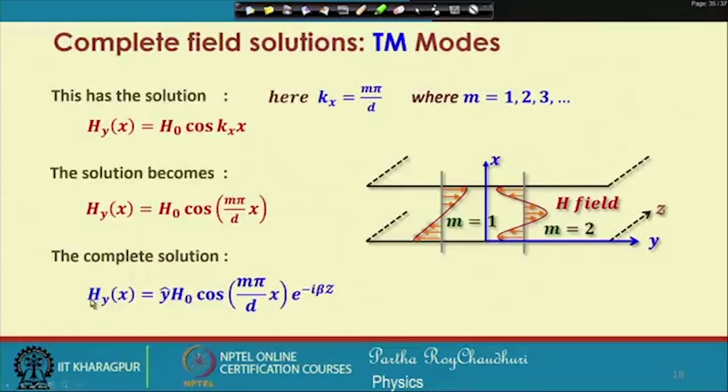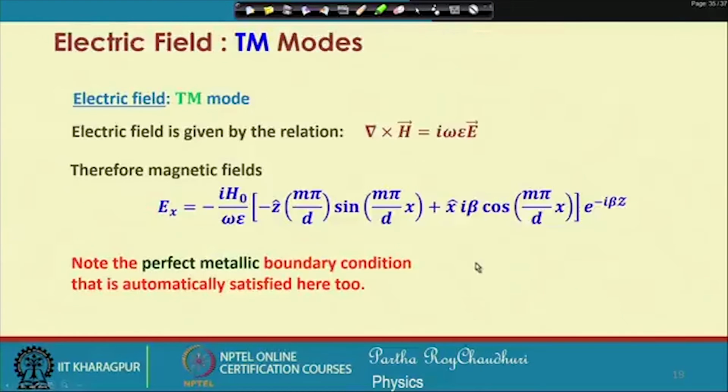The complete solution for this then can be written in terms of this cosine function, and you can see that at x equal to 0 the field is maximum, at x equal to d the field is also maximum, and that is what happens in both the cases for m equal to 1, 2, and for all the integral values of m we can find out and depict the field distribution across the waveguide.